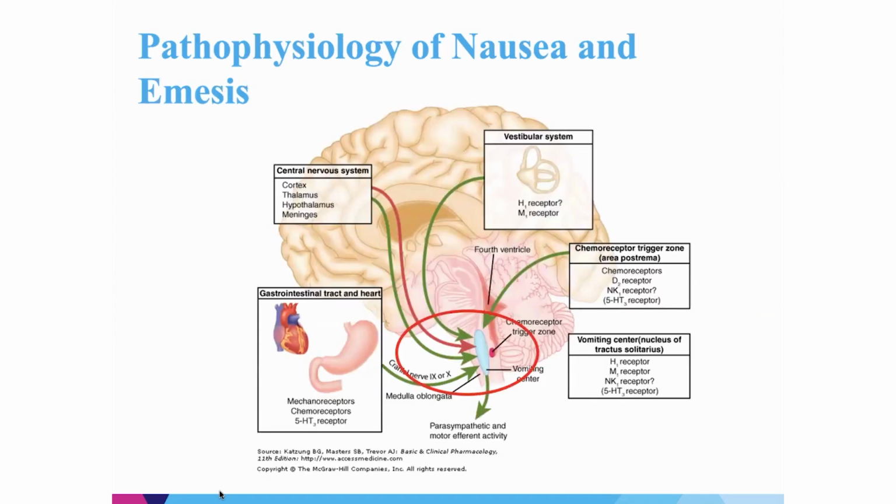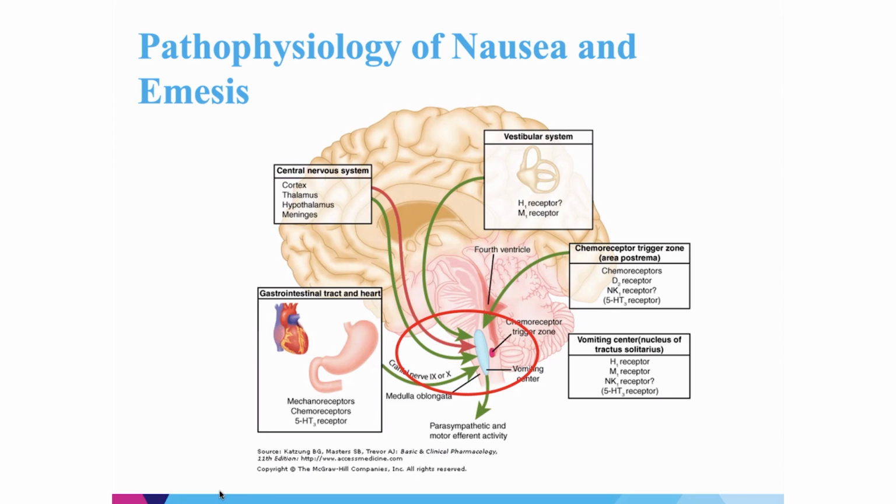So then we get to how do we treat chemo-induced nausea and vomiting? How do we prevent it? And to understand how we do that, we have to go back to pathophysiology and figure out what's actually involved in the process of vomiting. As you can see from this diagram, there's a lot of different processes involved. But in general, in the brainstem, you have the vomiting center, and the vomiting center is taking inputs, or afferent information, from a lot of different areas in the body.